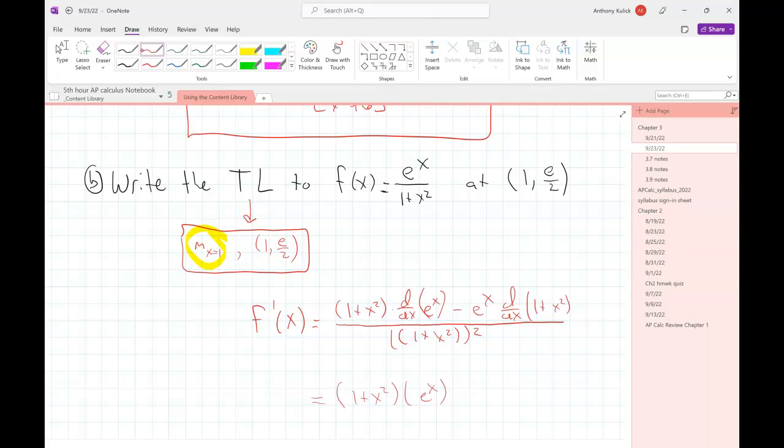The derivative of e to the x is just e to the x. The derivative of 1 plus x squared is just 2x.